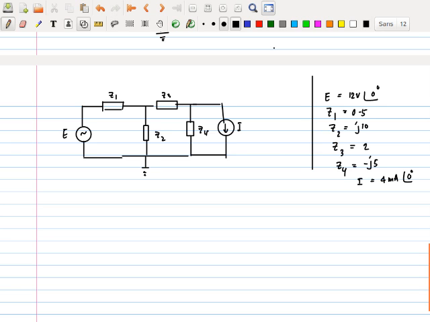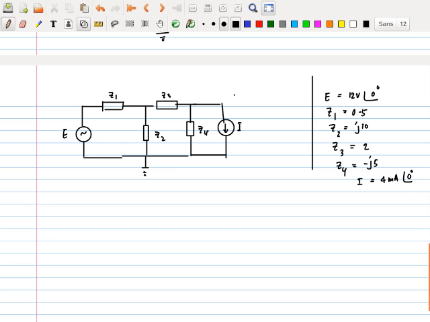Now, your problem is simplified. Now, forget about the fact that this is an AC circuit. Now you apply nodal analysis. How many nodes are there? Let me ask you, what is the smallest number of nodes you are going to pick to solve this problem so that you can find the voltage across Z2?